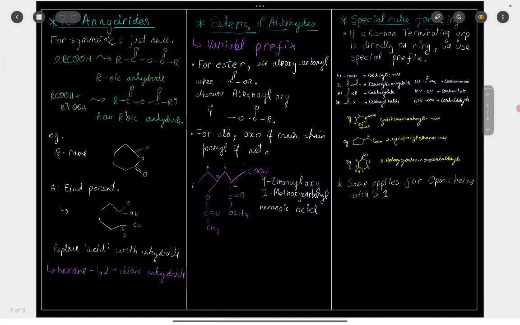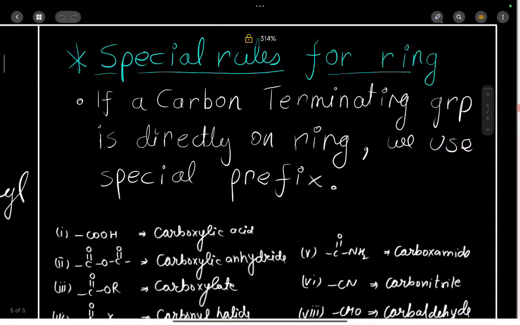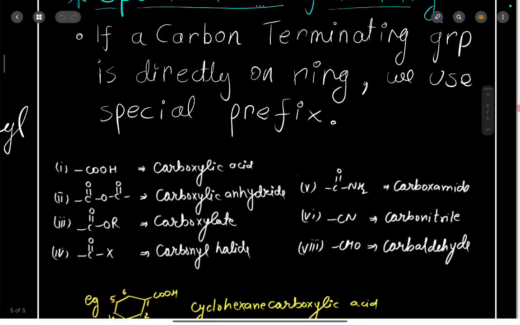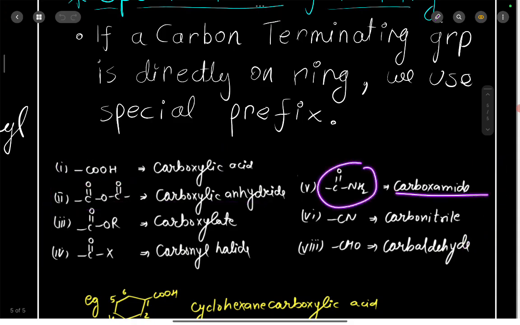Okay. And lastly, these are some special rules for rings. If a carbon terminating group is directly attached to a ring, we use special prefixes. Look at these prefixes. For COOH, it's carboxylic acid. For anhydride, it's carboxylic anhydride. For amide, it's carboxamide.